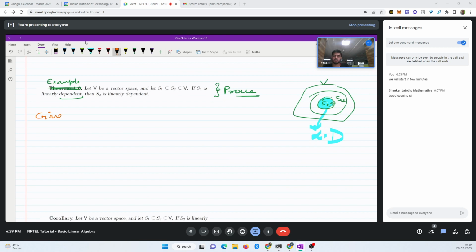We are given that S1 is linearly dependent, and also we are given that S1 is a subset of S2, and we have to prove that S2 is linearly dependent.